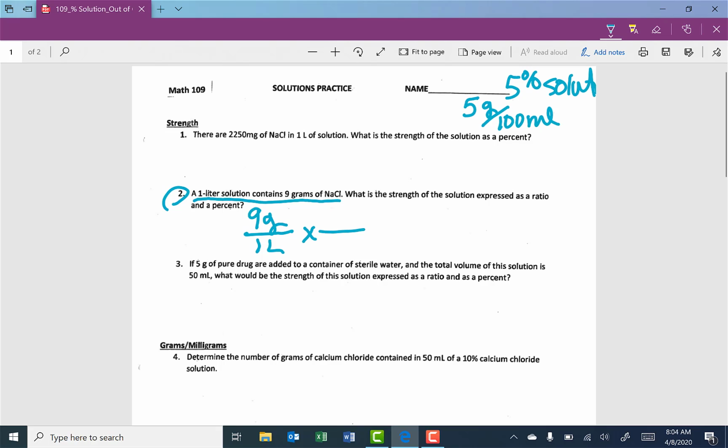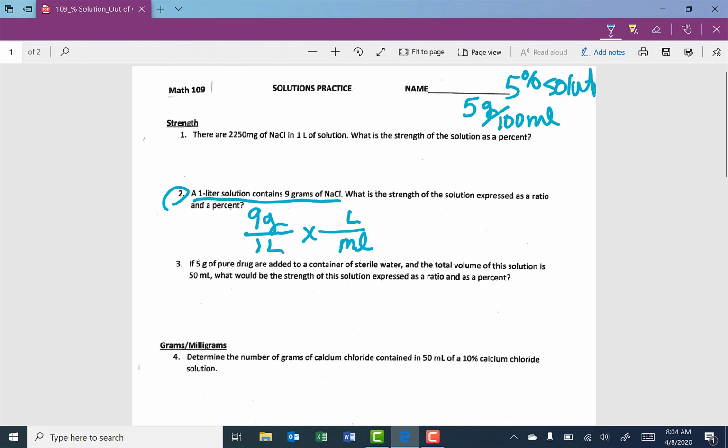So let's change that liter to milliliter using dimensional analysis. I would put liter here, and I want milliliter here, because then I have it in the right form to know what my percent solution is. A liter to a milliliter, which one's bigger?